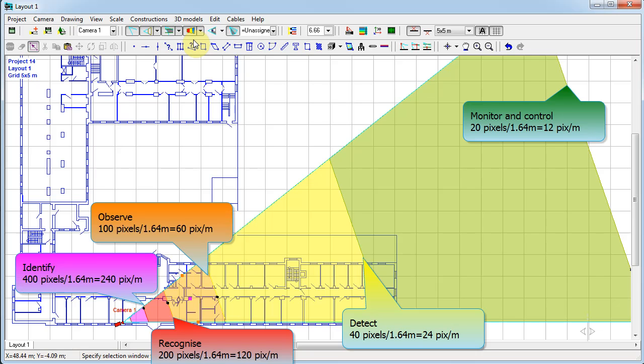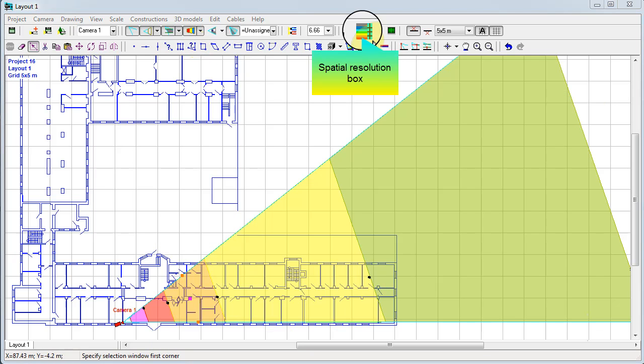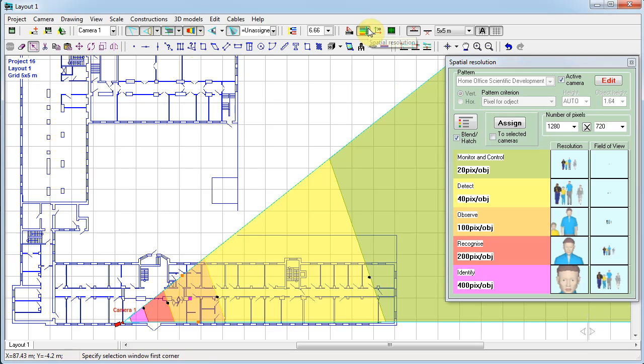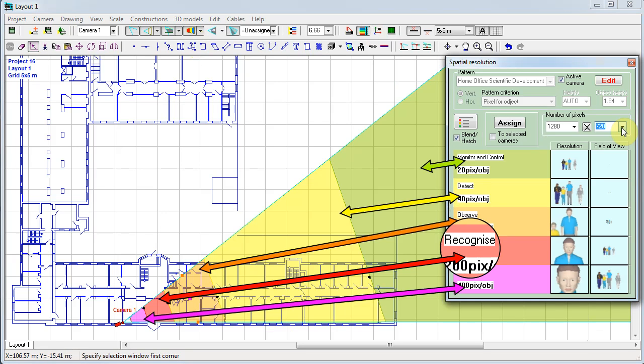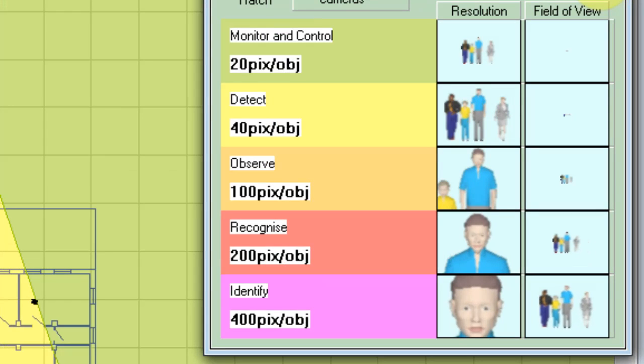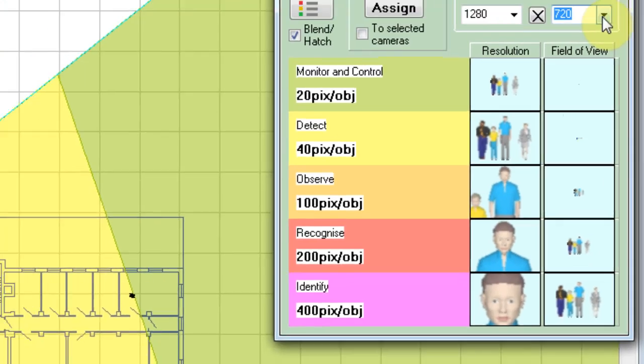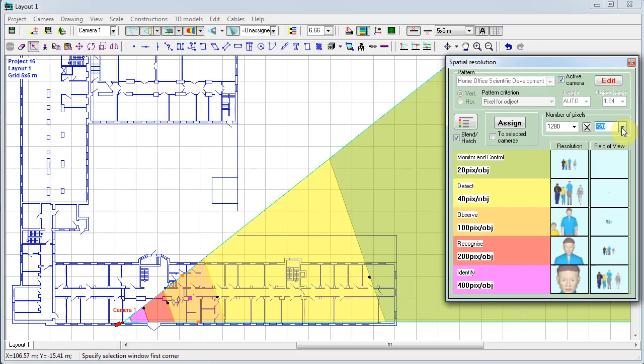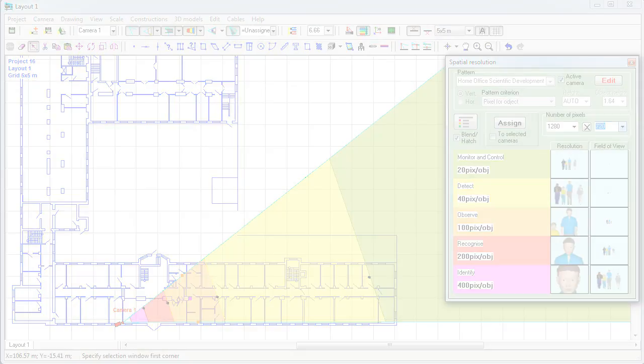On the fact of an object entering the appropriate zone, we conclude the probability of detection, recognition, or identification of the object. However, despite the simplicity and convenience of this technology, it is useful to know about the limitations of its application and the existence of other factors that significantly affect the camera's ability to solve the problems facing it.